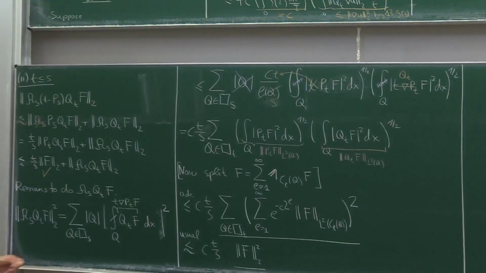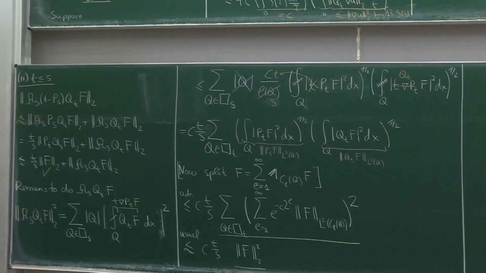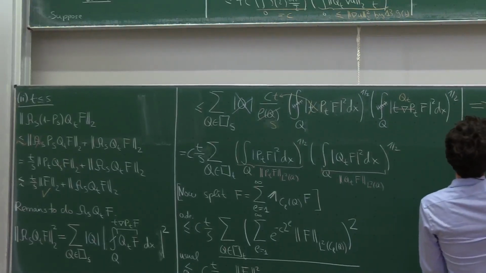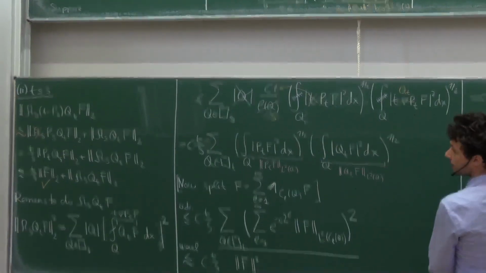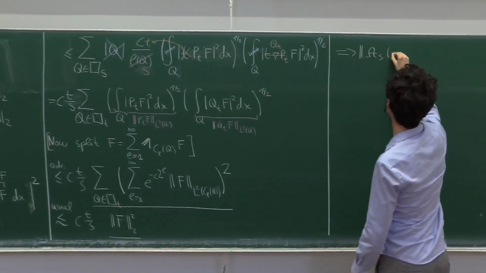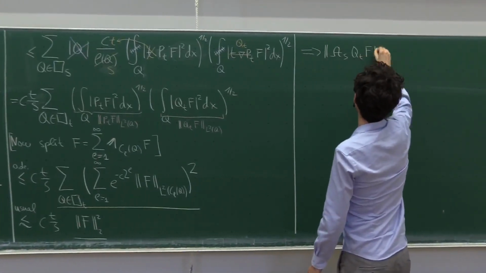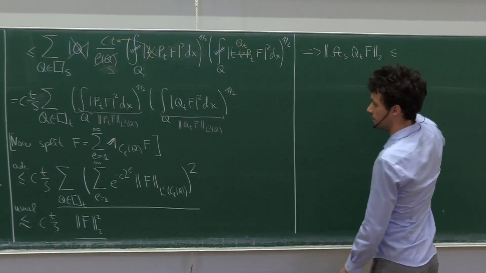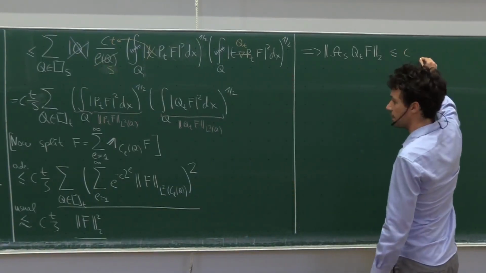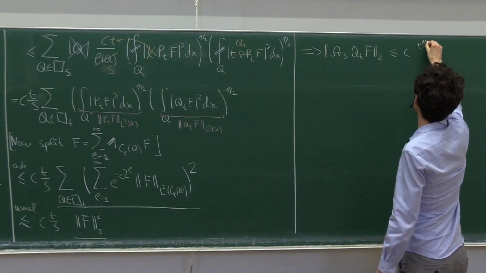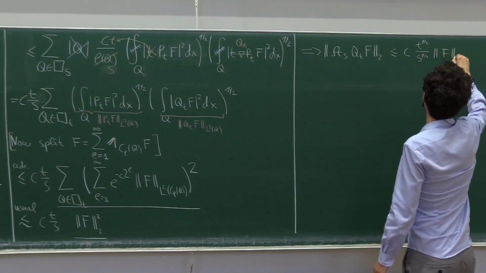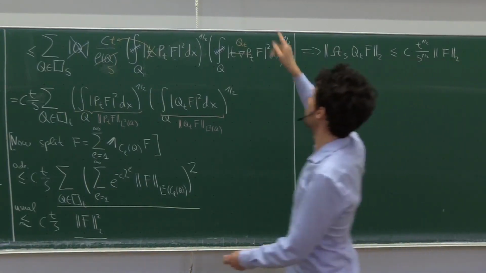And so when you put it together, we started here, we ended there. It follows that A_s Q_T of f in the 2 norm is less or equal, then you just take square roots, to a constant times T^{1/2} over s^{1/2} times f in 2. And this is a term we like.